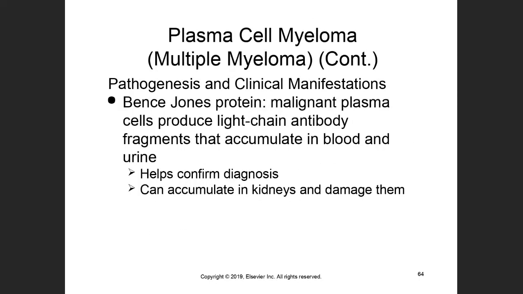You can see right here that they produce the Bence Jones protein, and that Bence Jones protein is the one that affects the kidney. Accumulation of that protein in the kidney produces blood in the urine.